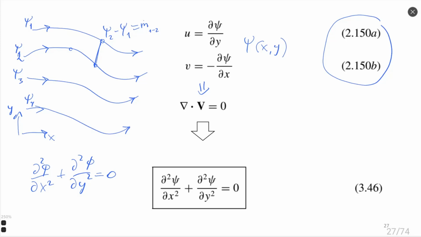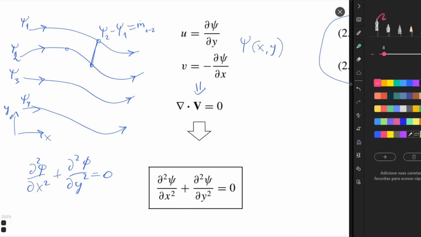Our equation structure will be absolutely the same. And you may find a problem here, because theoretically, solving the same equation, we have to find the same solution, right? For example, not possible in this case, because we know the streamline functions are perpendicular to the potential function.